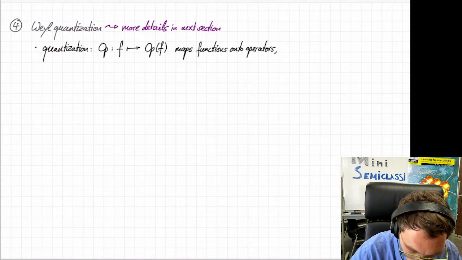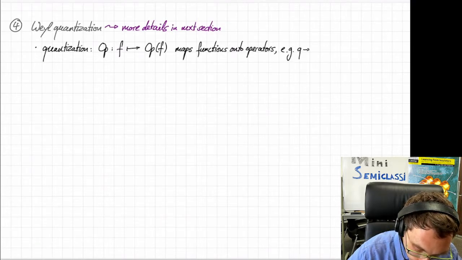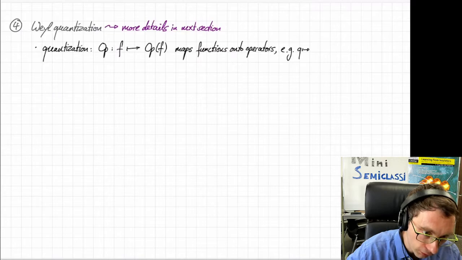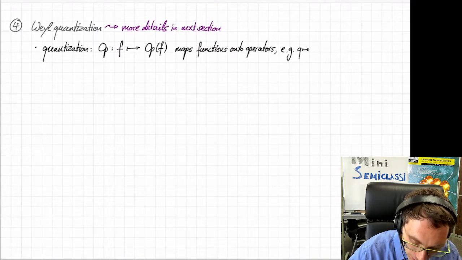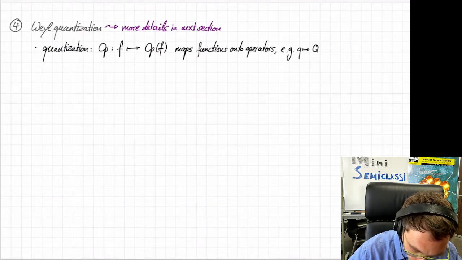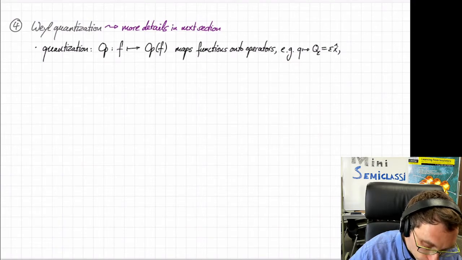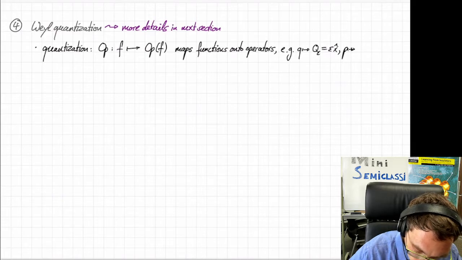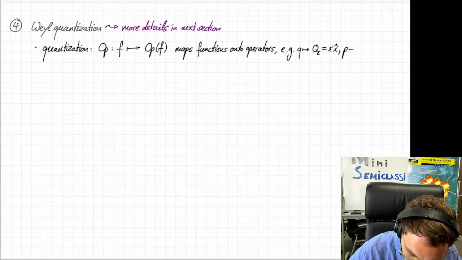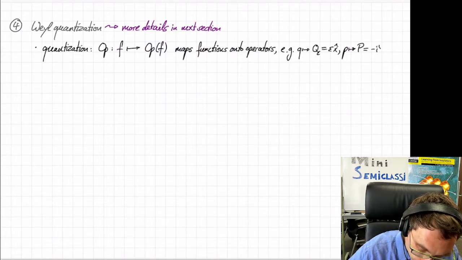But for example, it should map the classical position Q, which is an observable quantity in classical mechanics, onto the position operator, which in this case, if we include a small parameter, is epsilon x hat, and it should map momentum onto the momentum operator, which is just minus i gradient.